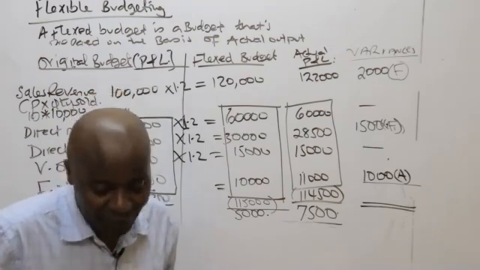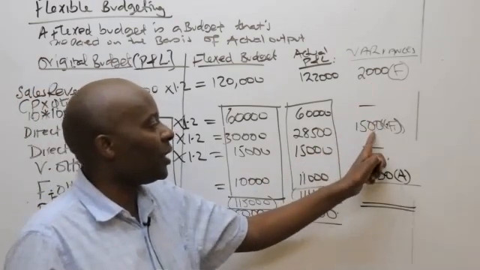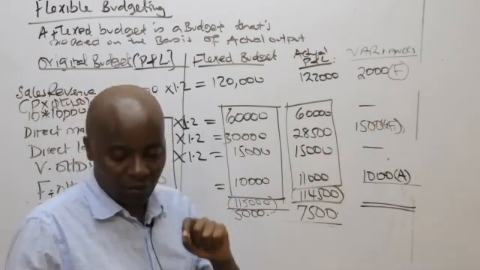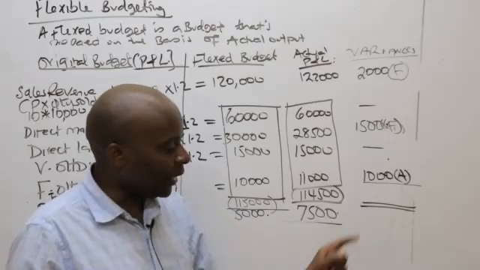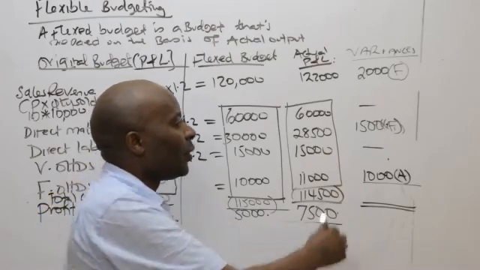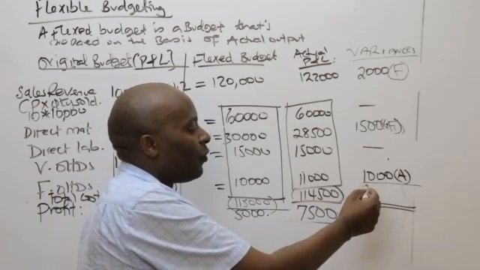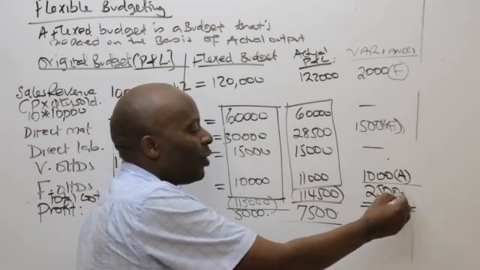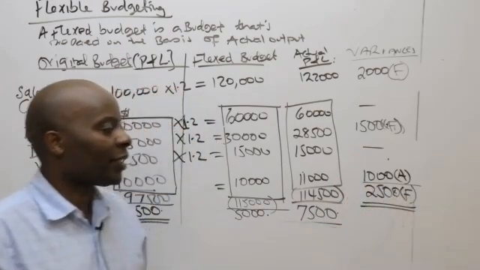So Millicent gives me, when you take this and this, that is 3,500 favorable. 3,500 favorable minus 1,000 adverse will give me 2,500 favorable like that.